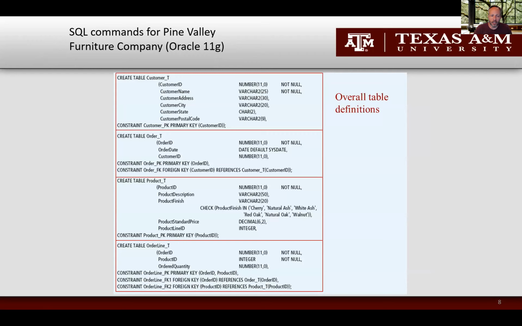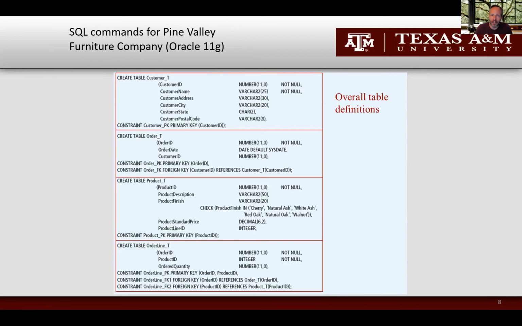This is 4 different create statements. This would be programmed into SQL to create 4 different tables. The first table is our customer table, and you can see it's named customer underscore T. And they're creating this table with a variety of different attributes: customer ID, customer name, customer address, city, state, and postal code. You can see the various data types.